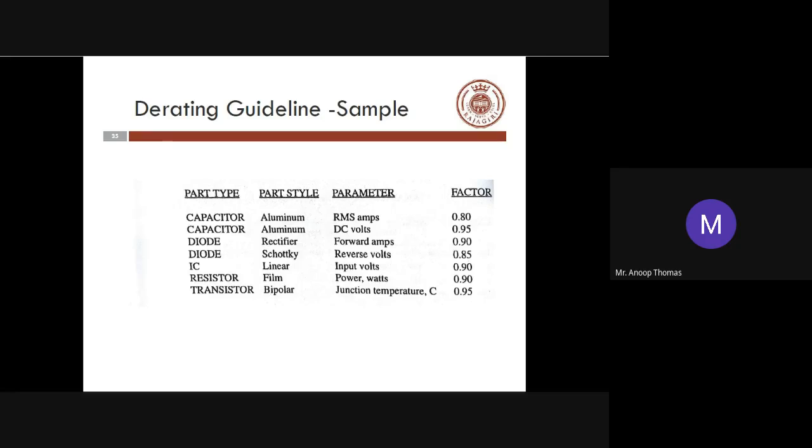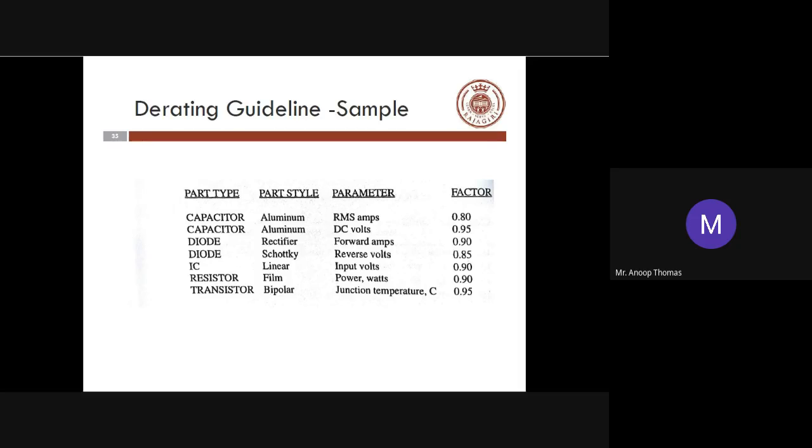So for example, a capacitor, an aluminum type of capacitor. The parameter is RMS, root mean square, which is given in amps, your current value. The derating factor can be 0.80. That is determined by lots of things: what the criticality of the thing is, what your age limit associated with it is. According to that, you apply a derating factor to the RMS amplitude value.